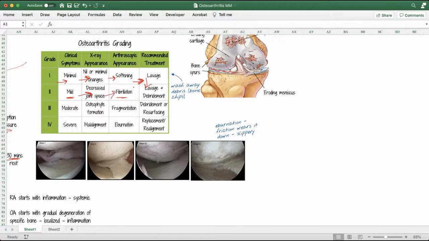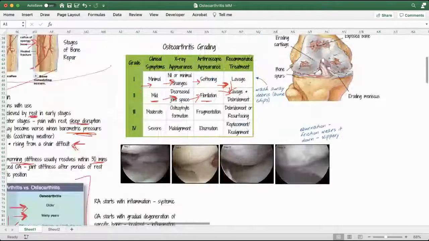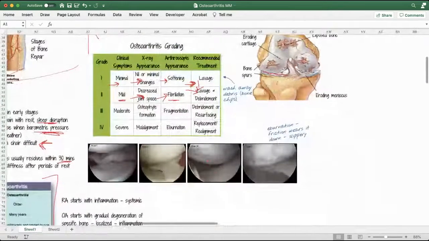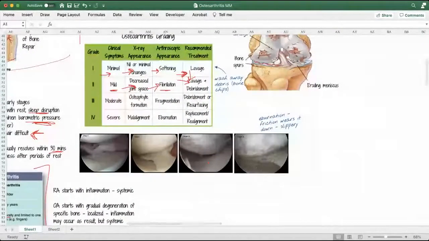And then what they would do is go in and do a lavage, which basically is they go in and wash away the debris. And from what we talked about earlier, we know that if we can get rid of some of that debris, some of those little bone chips that are there, we should be able to stop this inflammatory reaction from happening, or at least slow it down.